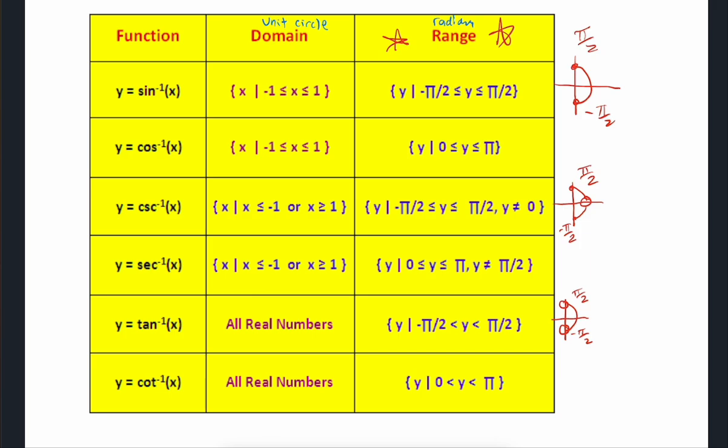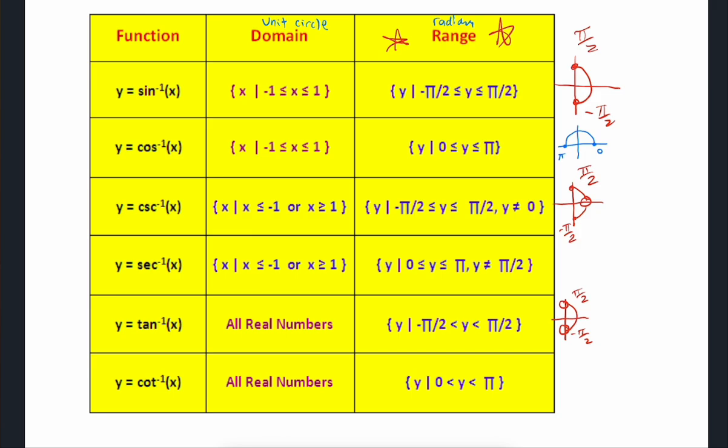Now let's take a look at our cosine. Our cosine goes from 0 to pi. Now, why is that? Well, that's because we're going to get positive values from 0 to pi over 2. We're going to get negative values from pi over 2 to pi. We need that perfect connection so that we get both positive values and negative values.